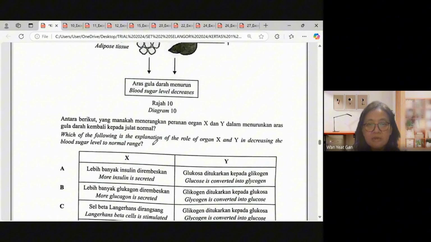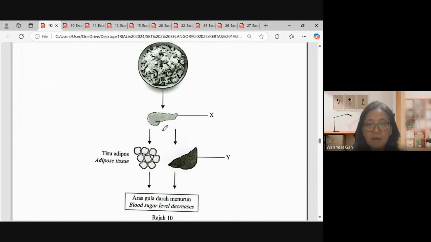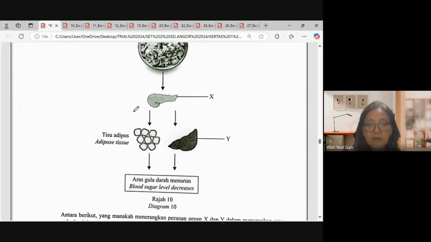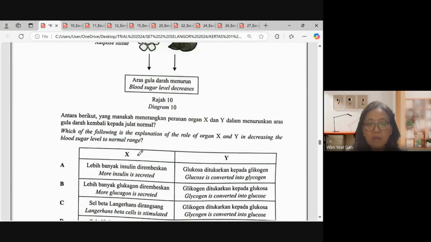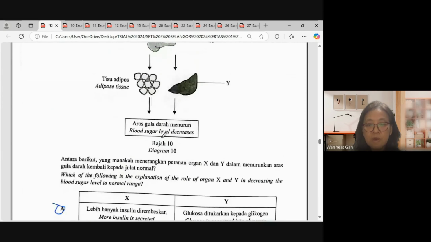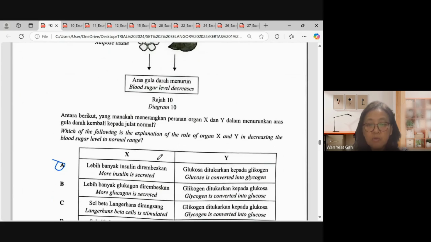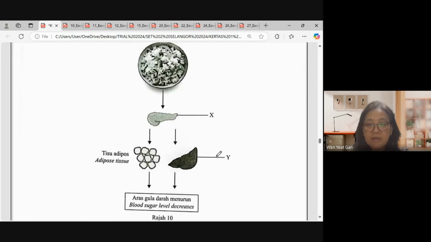After a meal of carbohydrate, the pancreas will secrete more insulin, and the insulin then will stimulate the conversion of glucose into glycogen in the liver cell.